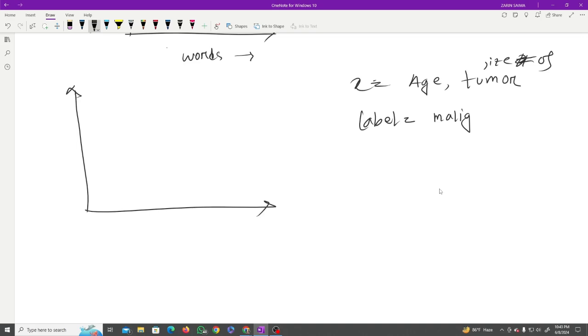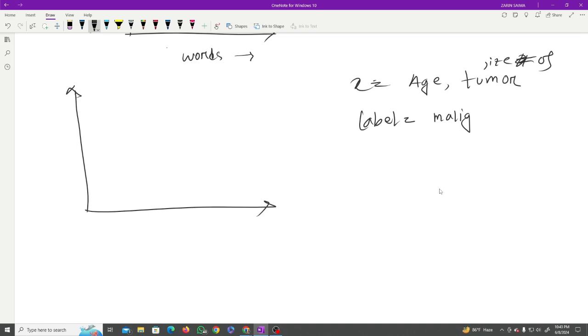You know what malignant means? Malignant means that the tumor is cancerous. So you may have cancer, God forbid, or you have the other option which is not malignant. So you have only two options. Again, suppose for malignant we are symbolizing it as a circle, and for not malignant, a cross.